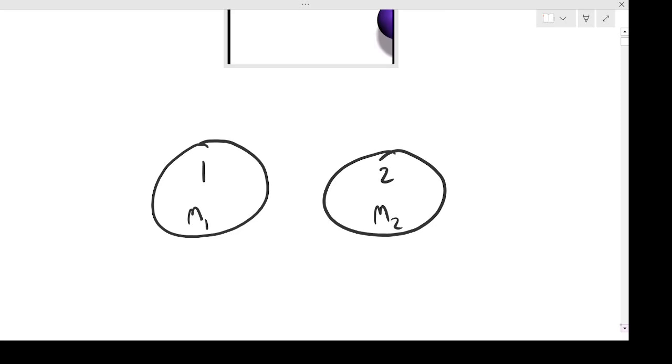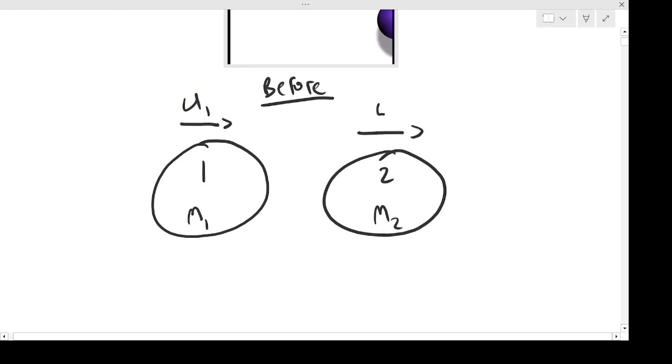Let's say before the collision, the first one is moving with a speed of u1, and the second one's moving with u2. So u1 and u2 are the speeds before they collide.